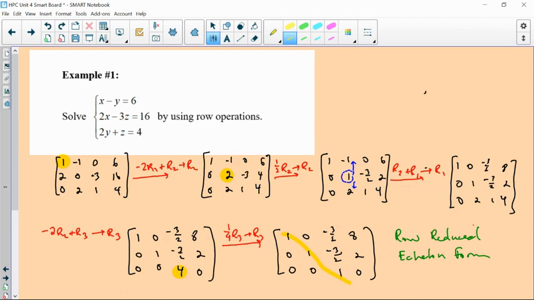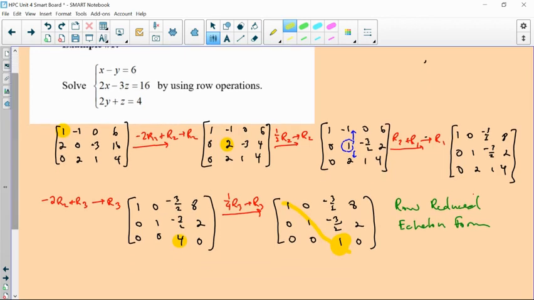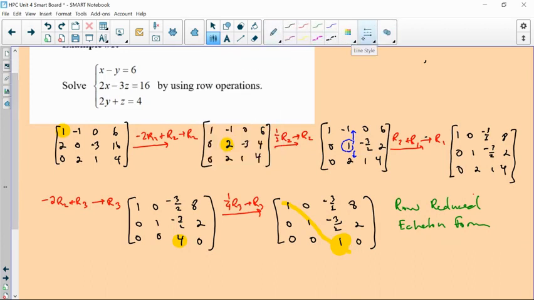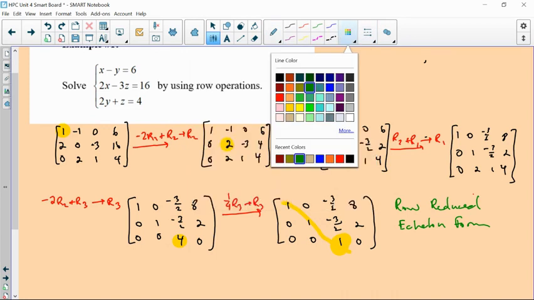So I still need to use this 1 here, and I'm going to pivot that 1 and knock out those values. It's going to be really easy because there's a 0 there, so that helps. Let's take this through to fruition so we can see exactly that row reduced echelon form.